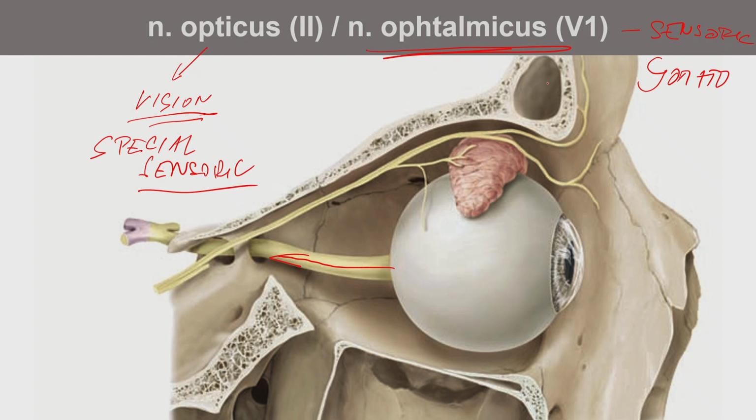The ophthalmicus, which is the first branch of the trigeminus, takes the information from skin, from the lacrimal gland, from the orbit, from the nose, from the anterior part of the intracranial space, taking the information about pain, tactile, and other sensations, but not about vision. So everything other than optic information.